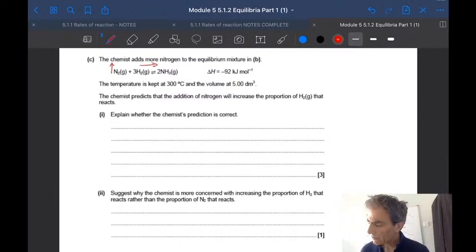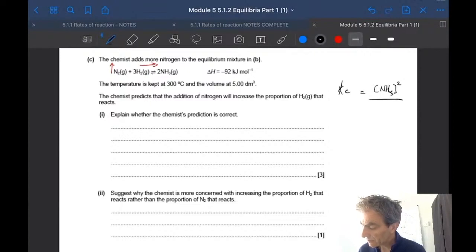So the way you should have answered this is think about the Kc expression. So Kc equals, sorry, I'm going to have to write this again. I know it was on the other page. [NH3] squared over [N2] times [H2] cubed.